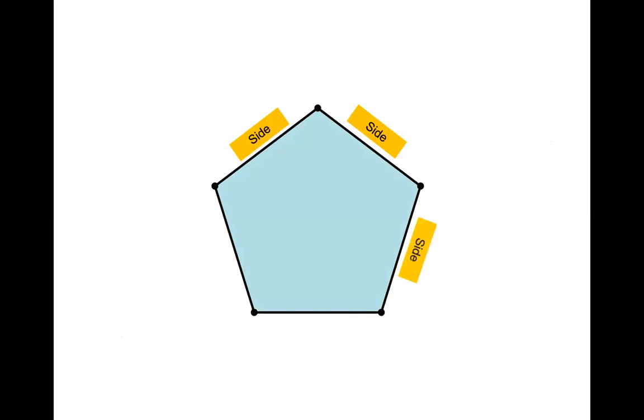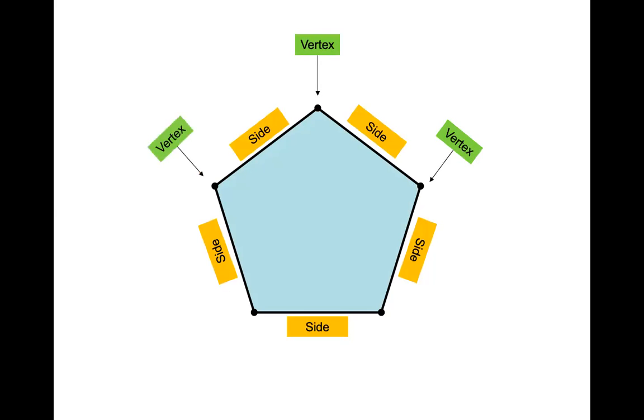So we got 1, 2, 3, 4, 5. And since 2 sides make a vertex, and all 5 sides come together, we would also get 5 vertices. So if it has 5 sides, it has 5 vertices. If it has 6 sides, it has 6 vertices. Okay, that is your basic construction of a polygon.